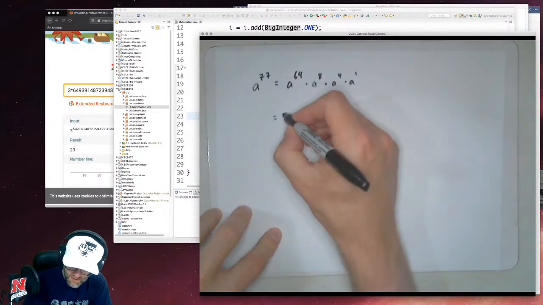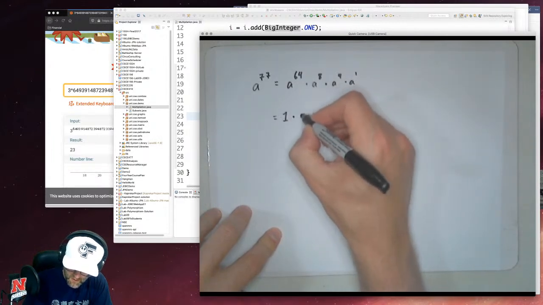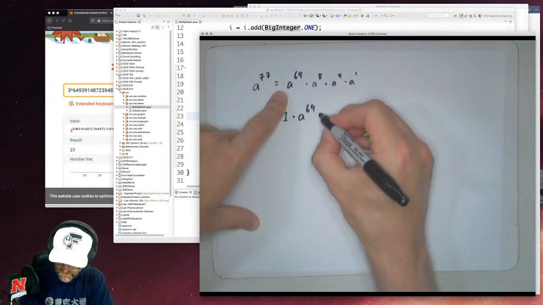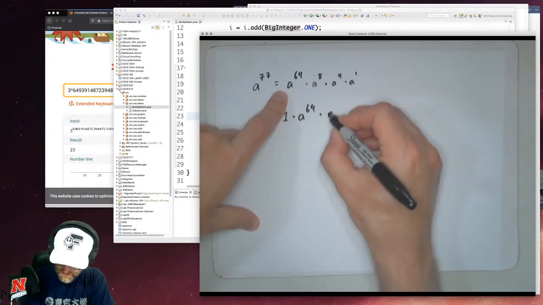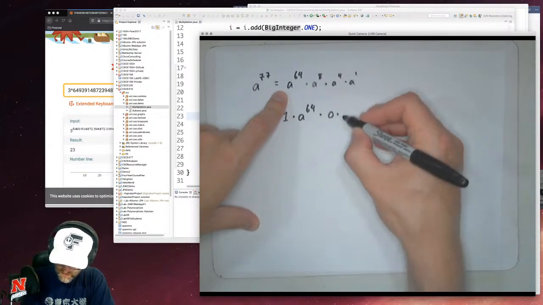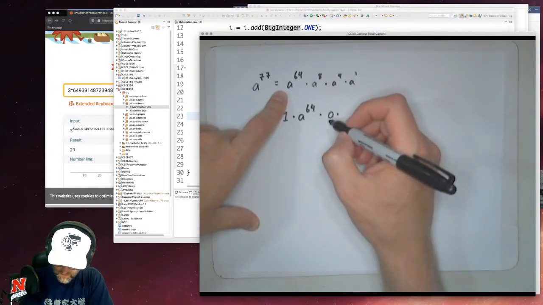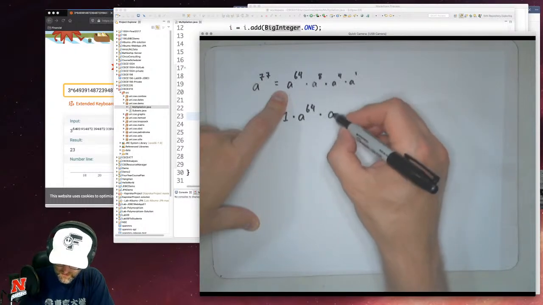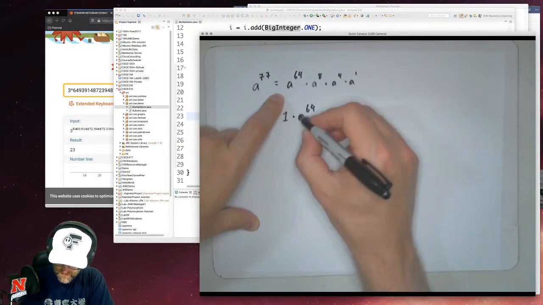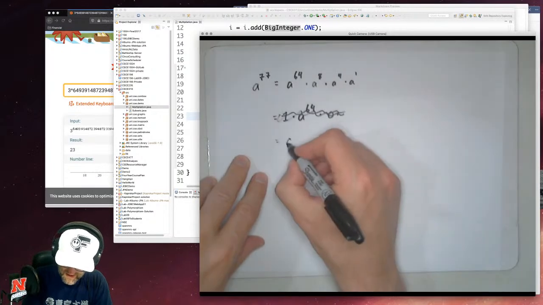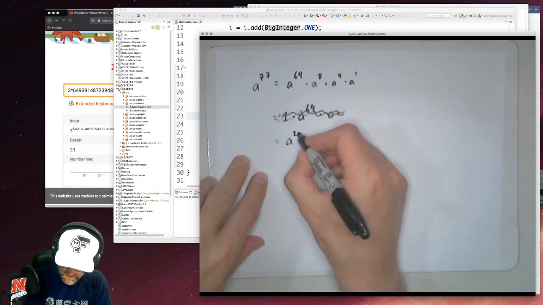Write this out with a bunch of coefficients. A to the 64th, the coefficient here is simply going to be 1. Let me go ahead and rewrite these. This is a to the 1 times 64.